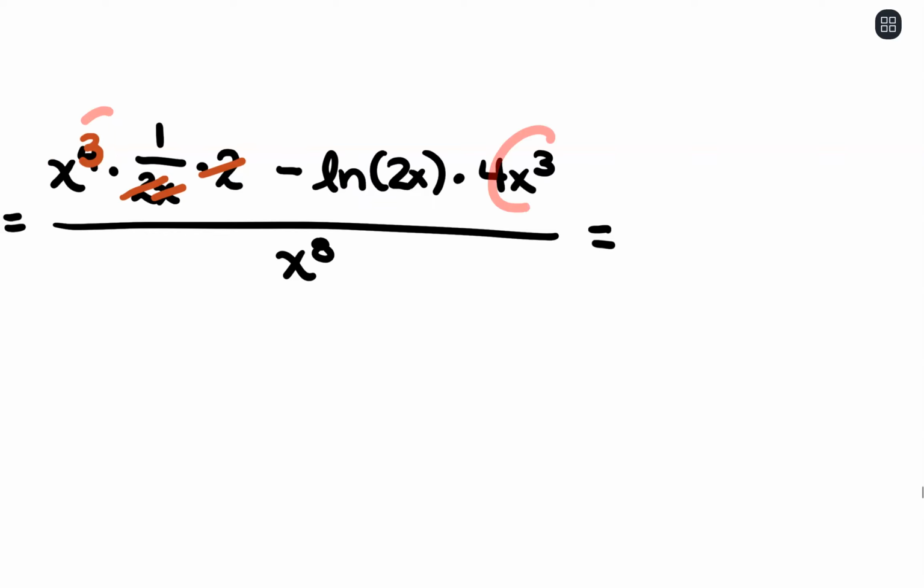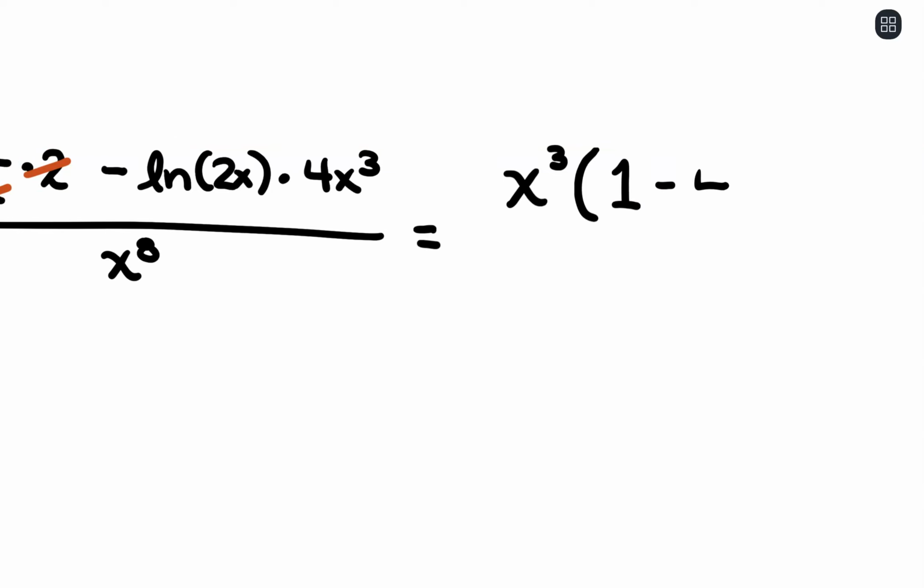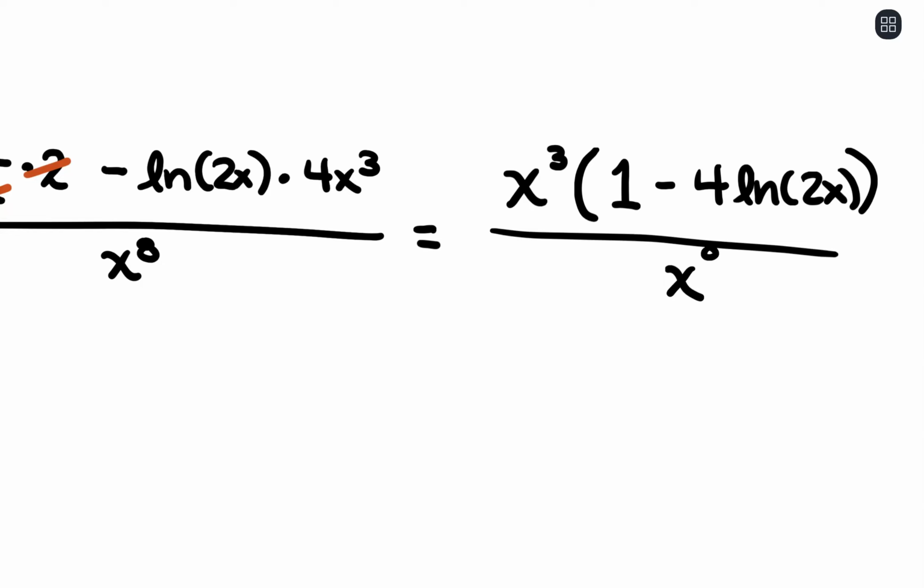What I can see is this nice common factor of x cubed, so let's go ahead and factor out x cubed, which has so much canceled out there, so we're just going to be left with a 1 in that first term, and then minus, and we'll have a 4 times natural log of 2x left over in that second term, all over x to the 8th.